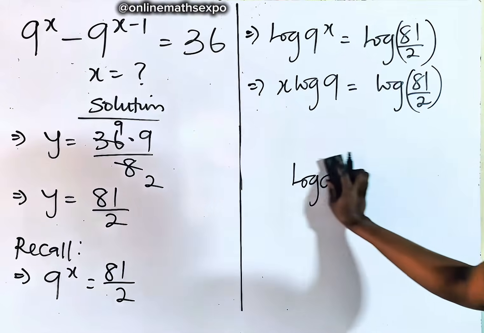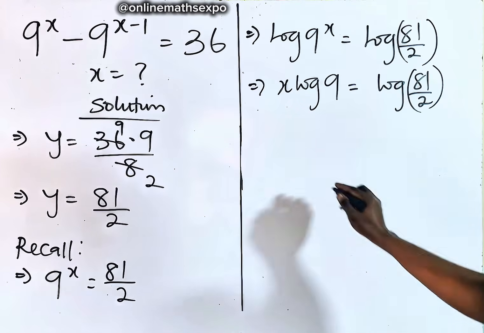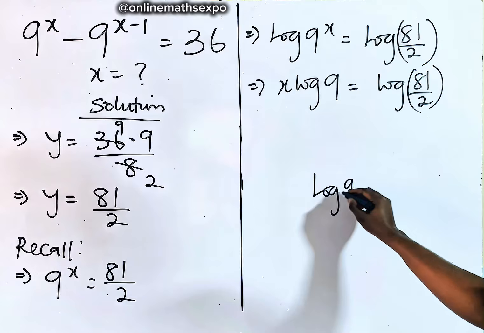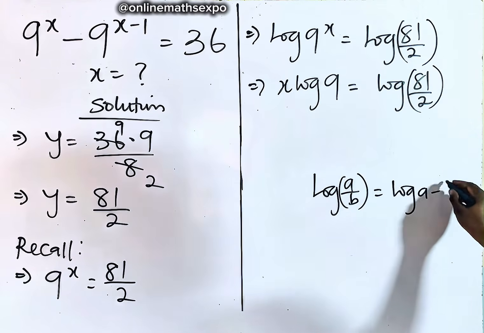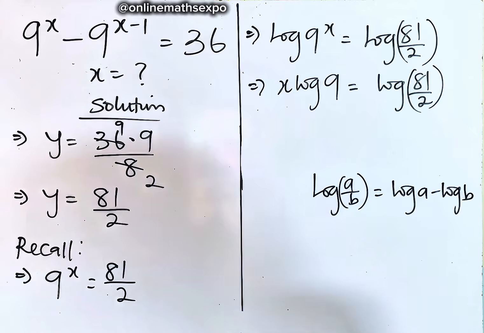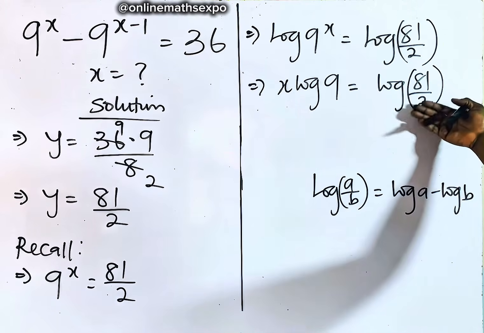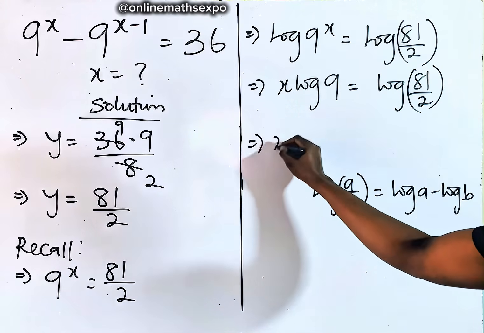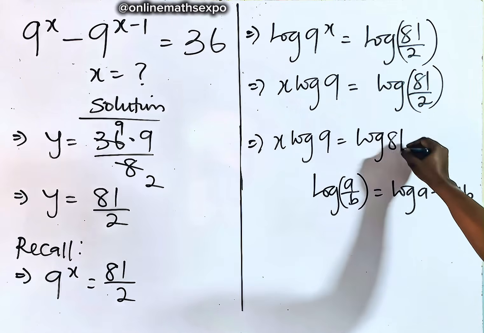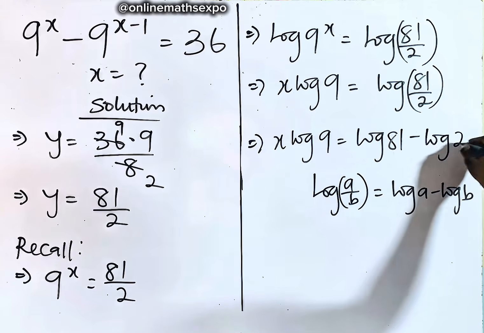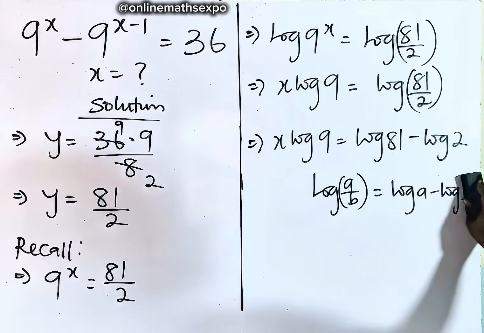Now what do you do next? Just remember that for every log of a divided by b, it's always log of a minus log of b. So you're going to apply this here and it gives you x log 9 is equal to log of 81 minus log of 2. So what do you do next?